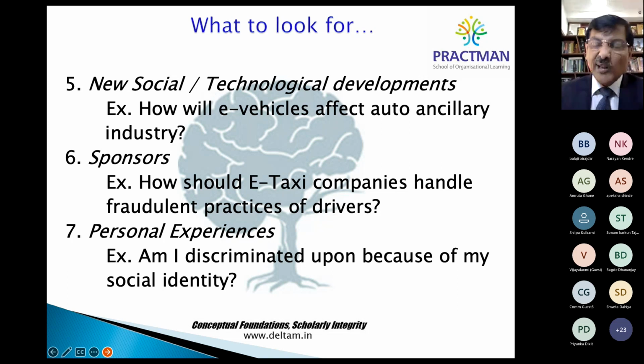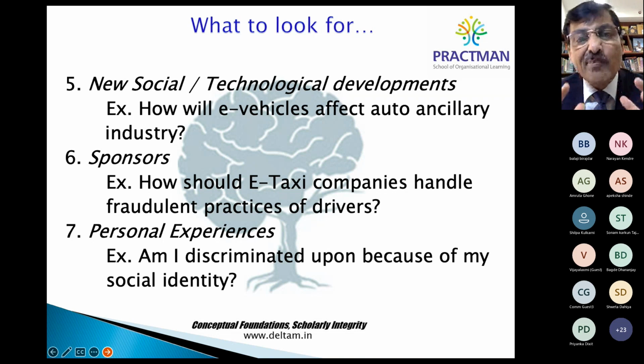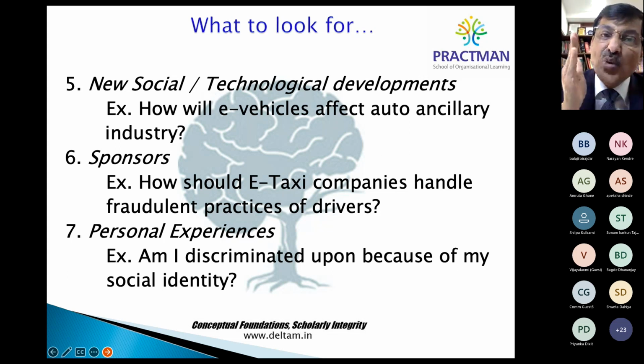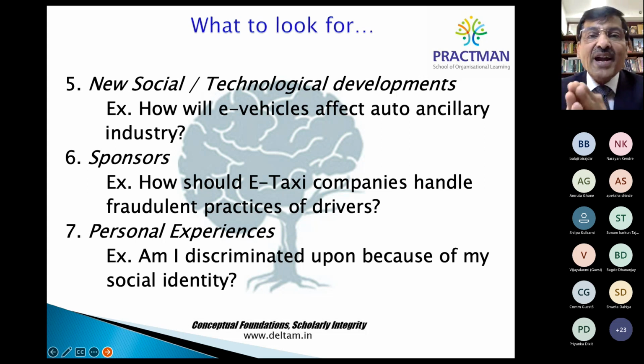So being female, being African, or being black, these are determinants of her social identity. So she started trying to understand whether there is a link between the social identity of a person and that person's professional image, and how social identity affects interaction among people who come from different social identities. So this became a point of research for her, and she wrote a beautiful research paper on this.